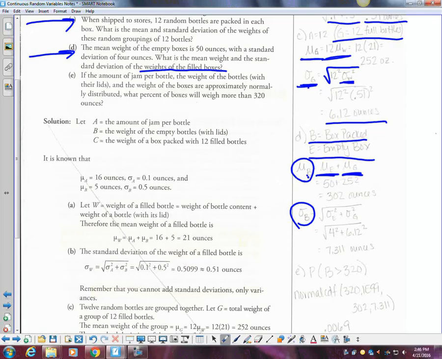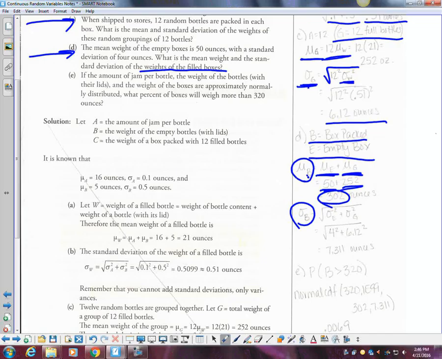The jam in the jars, and I have 12 of them. That's that guy. Well, they told me that the mean is 50. I found that the mean of 12 jars of jam is 252, so that's the mean of a box packed with jam in jars, and there are 12 of them. 12 jars of jam, not 12 boxes.